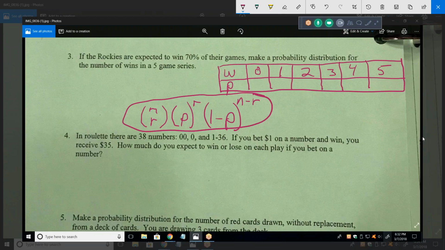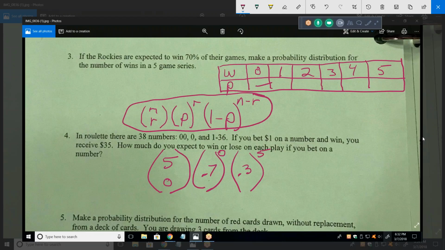So what would go right there would be 5 choose 0, because this is 0 wins, times the probability of the win to the R, which is to the 0, times 1 minus the probability, which is the probability of the loss, to the N minus R, which for this case is to the 5th.